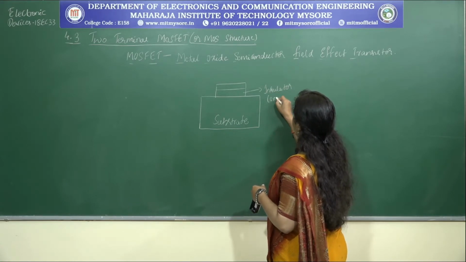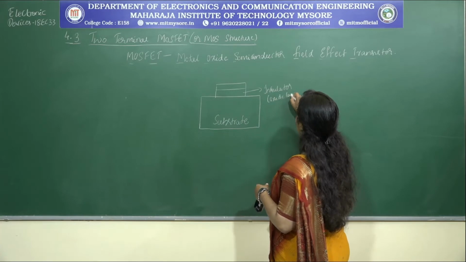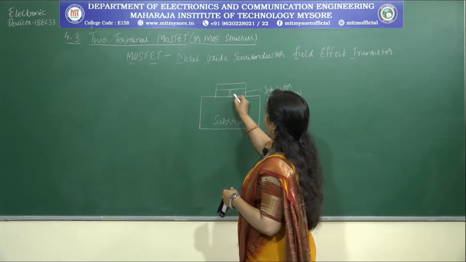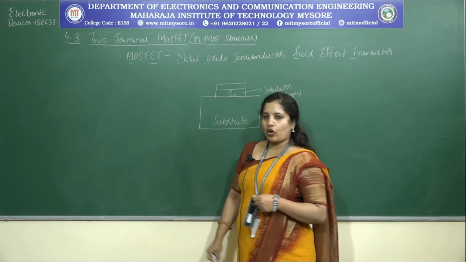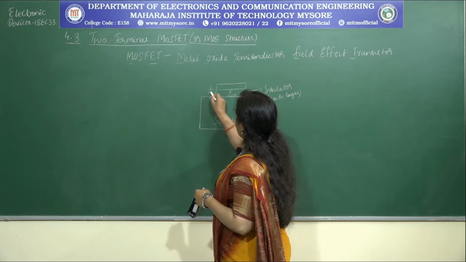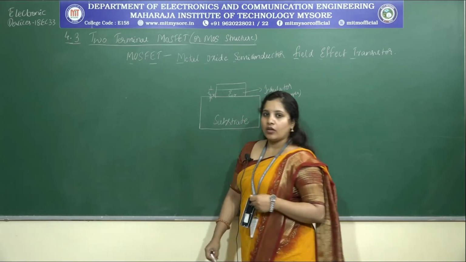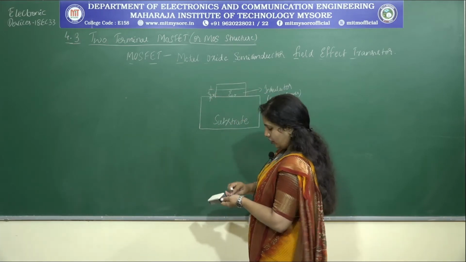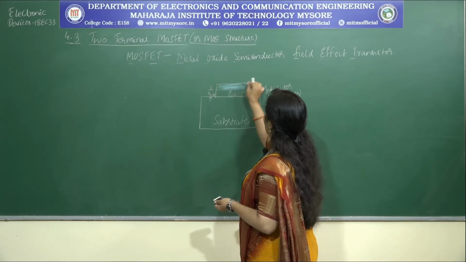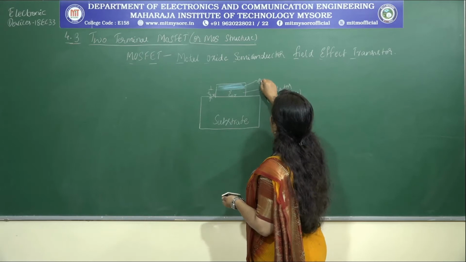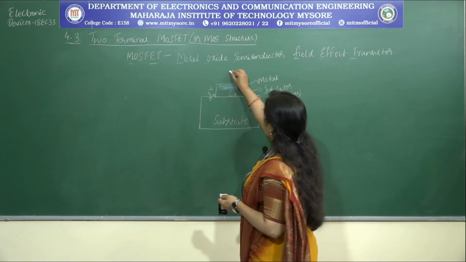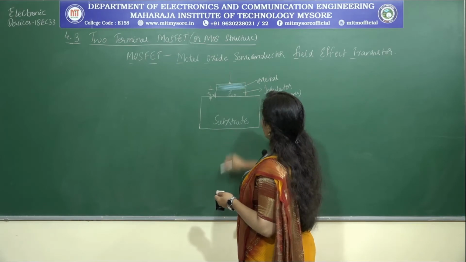This oxide has a permittivity of epsilon OX and a thickness of TOX. Then we have this layer, which I have shaded in blue, which indicates a metal layer, and then we have an ohmic contact here.